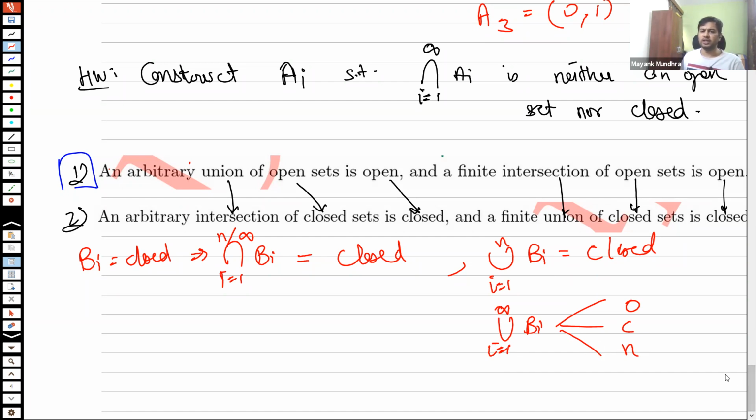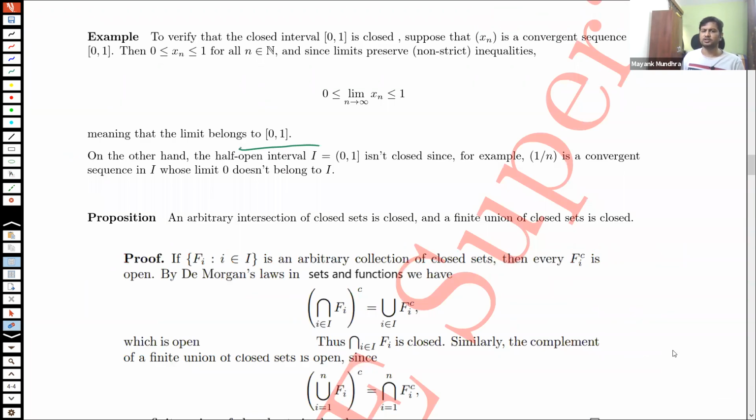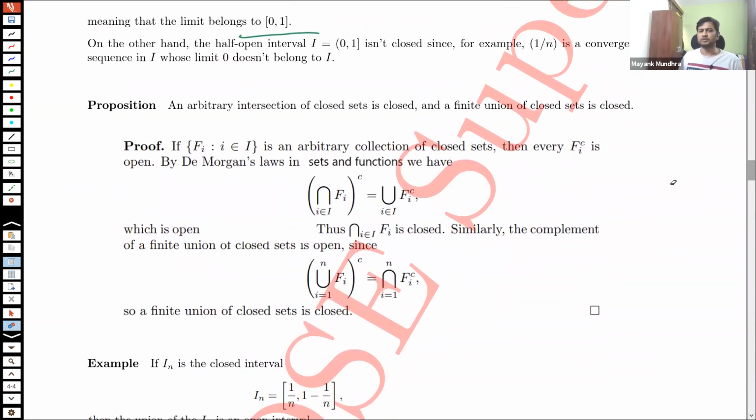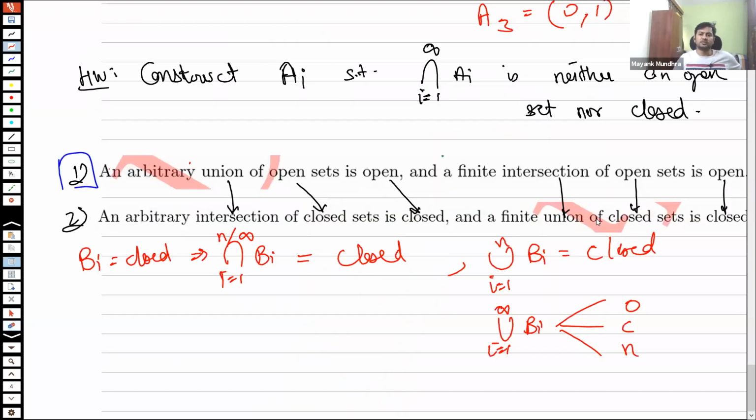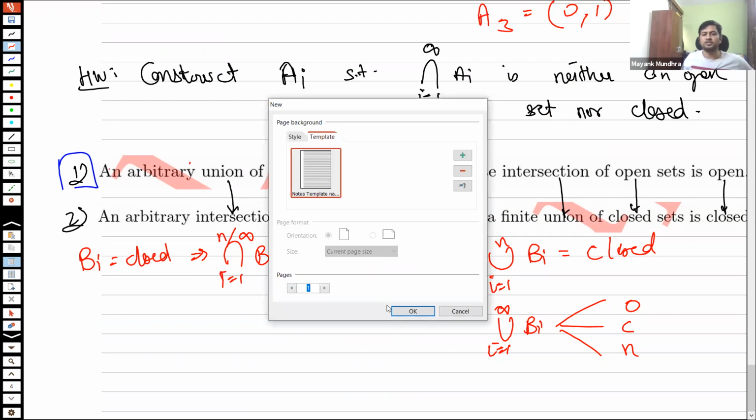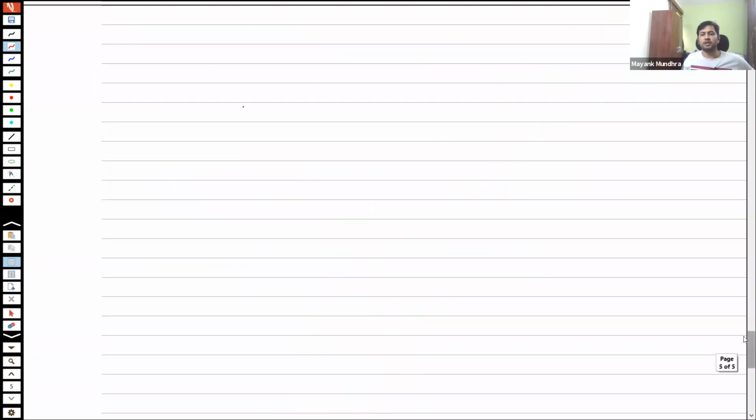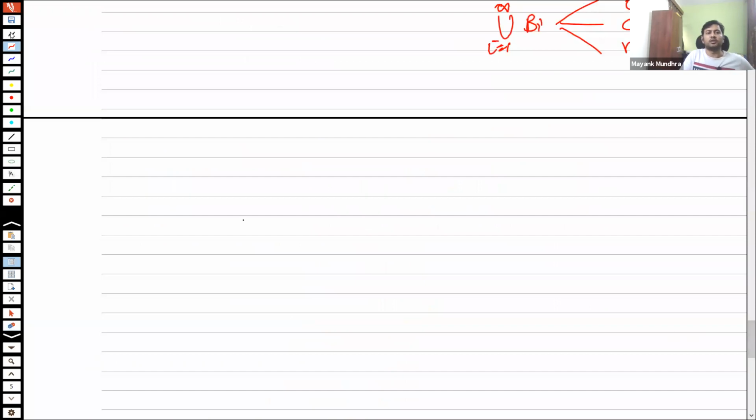The proof of this thing is just De Morgan's laws. So let's look at the proof. The proof is pretty interesting. So remember De Morgan's laws. What was De Morgan's law? Let me revise De Morgan's laws once more, although we did it in the first 2 chapters, but you might have forgotten.